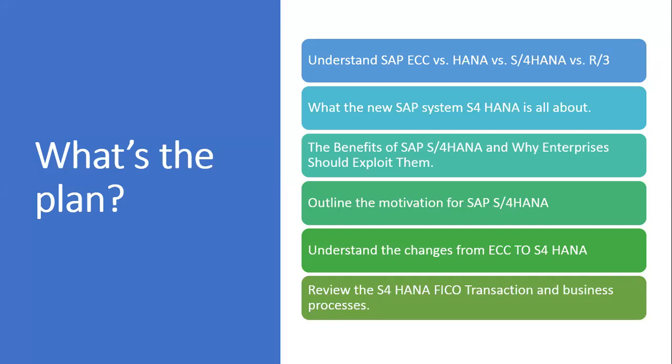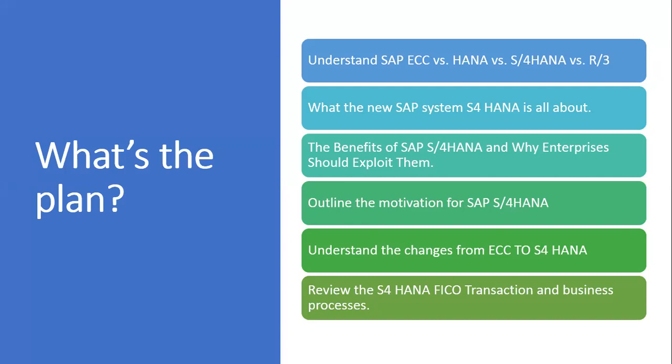Okay, so what's the plan for this training? By the end of this training, we should understand ECC and HANA, and also S4 HANA and the R/3 system. We're going to look at what the new SAP system, S4 HANA, is all about.